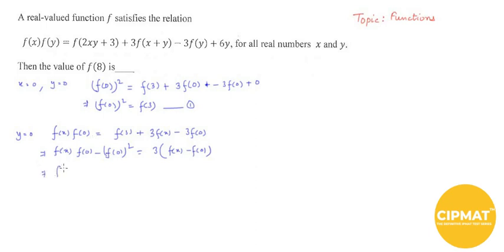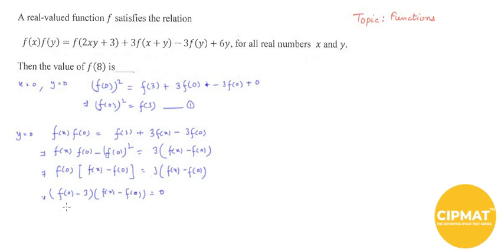So from here if I take f(0) as common, then I can write f(x) minus f(0), and here I can write 3 times f(x) minus f(0). So we have either f(0) minus 3 times f(x) minus f(0) equals 0.